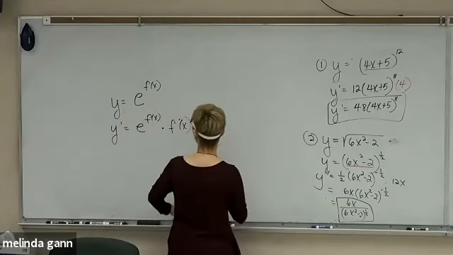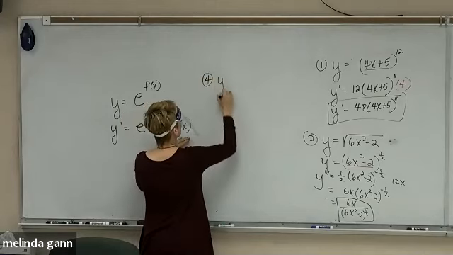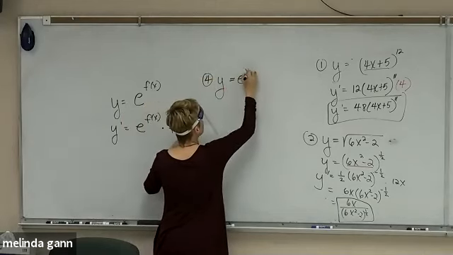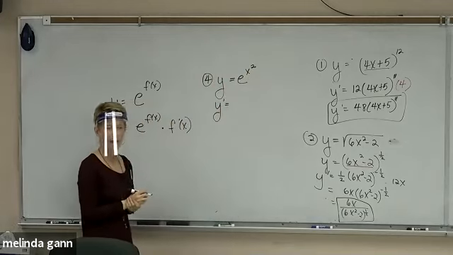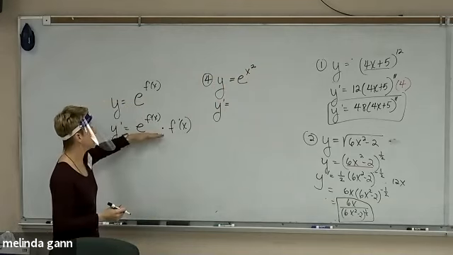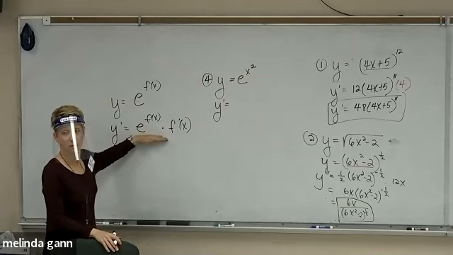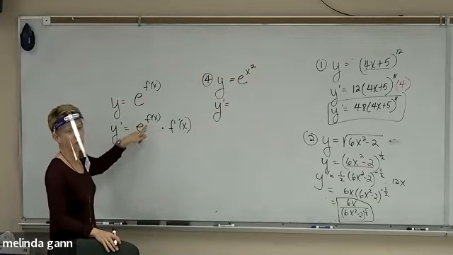All right, so let's use this rule right here on that one. y equals e to the x squared, and I want to take the derivative. Now, I don't want to use the chain rule. I want to use this extended e rule. So what's the derivative going to be? The first thing I do is just copy the original, right?